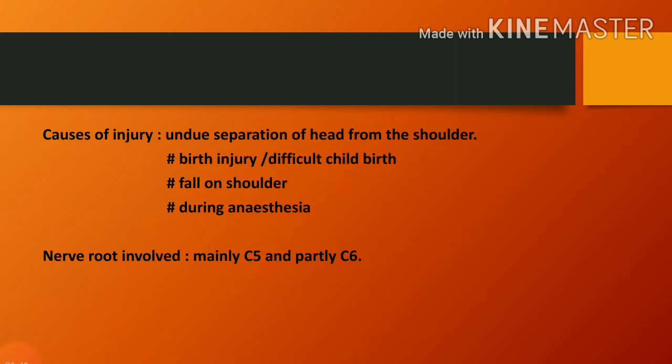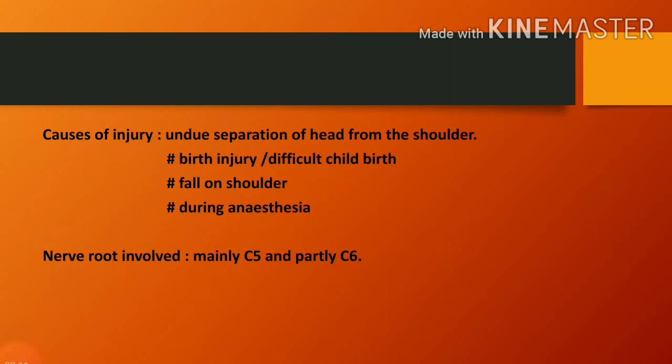Yes, during anesthesia, the anesthetist gives injections in the brachial plexus or nearby regions to paralyze the upper arm and surrounding areas for operation. So if something goes wrong and the injection goes in the wrong place, it will ultimately injure the brachial plexus.